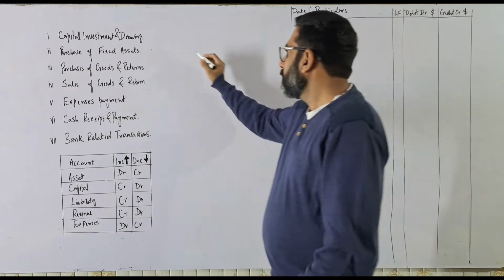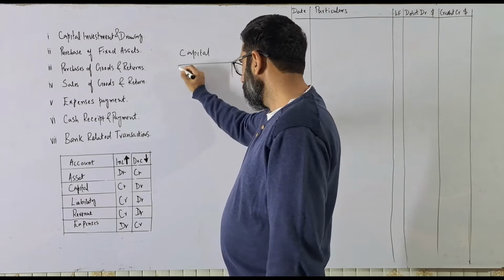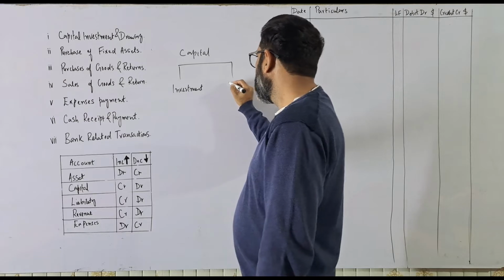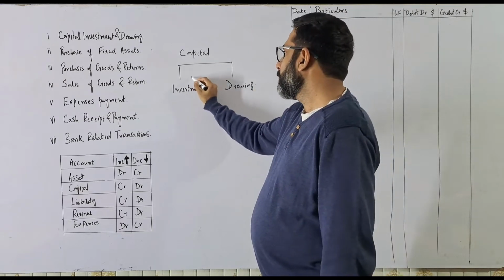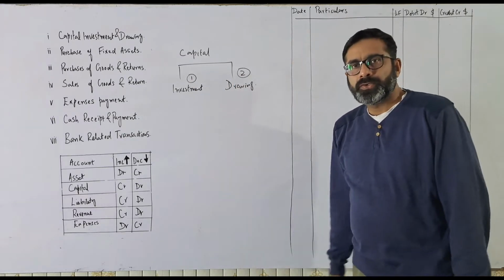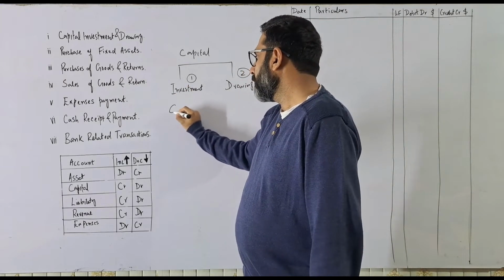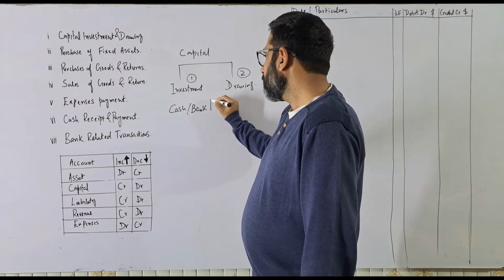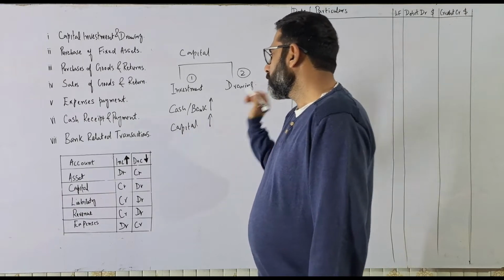Now with respect to capital, we have two options. Either we have an investment or it may be a drawing. This is transaction number 1 and this is transaction number 2. For investment purposes, normally cash or bank is increasing, and the capital is also increasing.